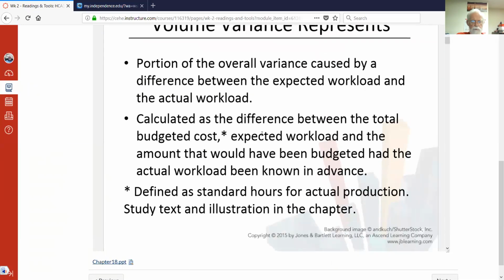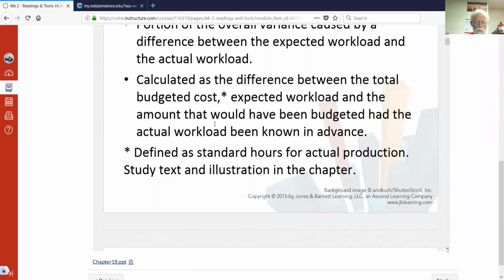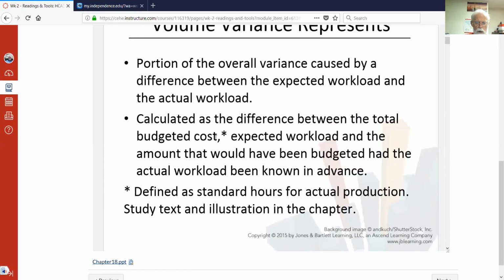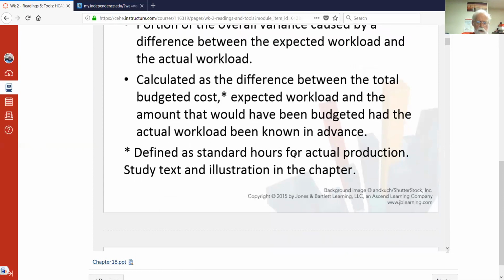So volume here, we're looking at workload. So we're looking between the total budgeted cost and the actual expected workload, and the amount that would have been budgeted had the workload been known in advance. Again, variance analysis is retrospective.